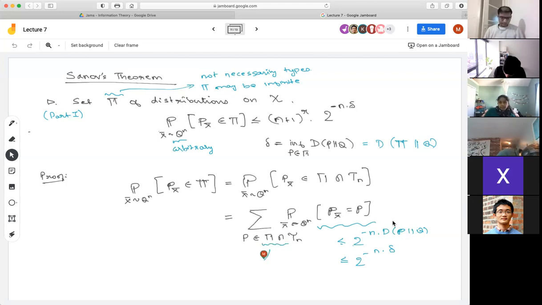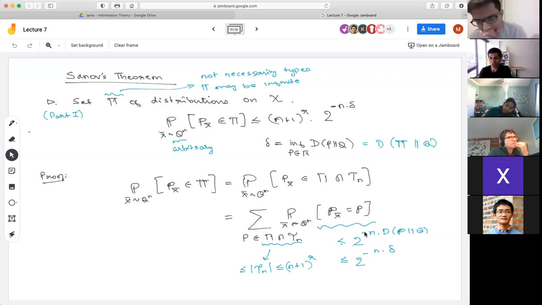And the number of terms is less than the number of types, which is (n plus 1) to the r. So it's basically the same proof as before. Earlier we said that for every fixed outcome on the right hand side, the probability is at most 2 to the minus n times epsilon square, and there are only n possibilities. This is the same proof, just carried out in a bit more generality.